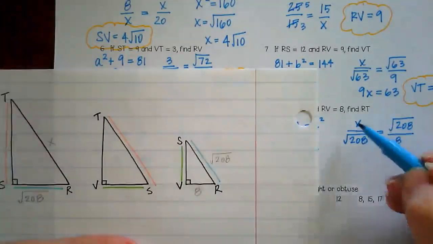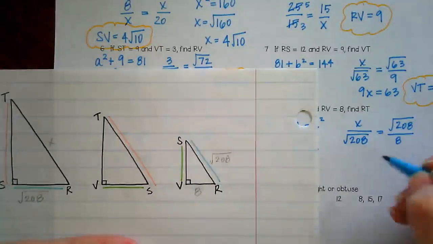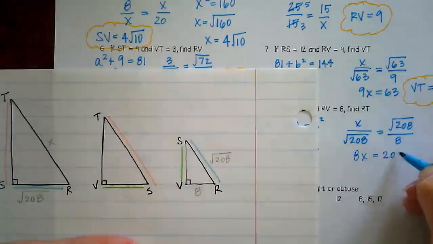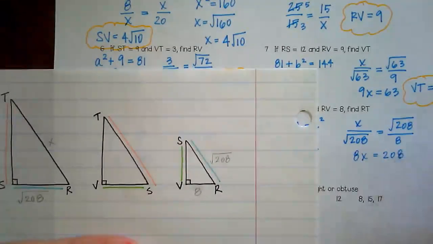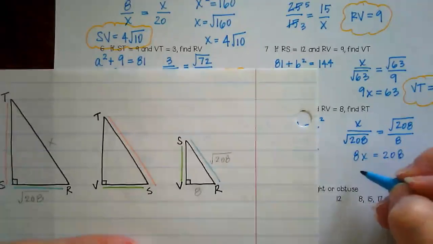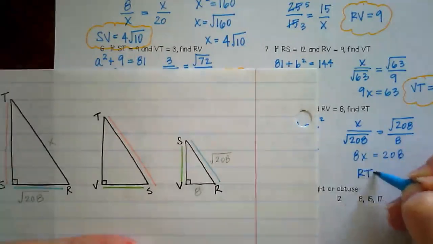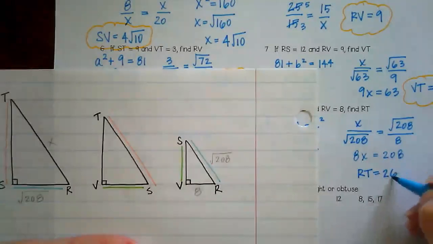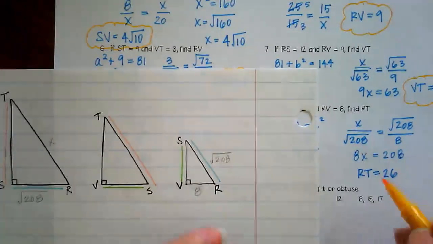Multiply the diagonals together, and we get that 8x is 208, so divide both sides by 8, and that tells us that RT is, well, that'll go into 208 26 times. RT is 26.